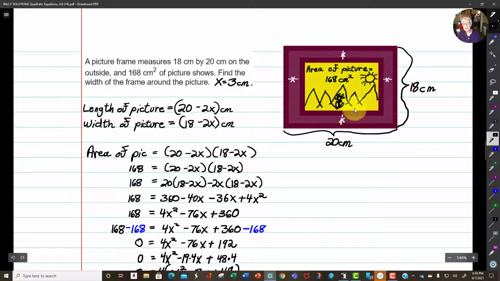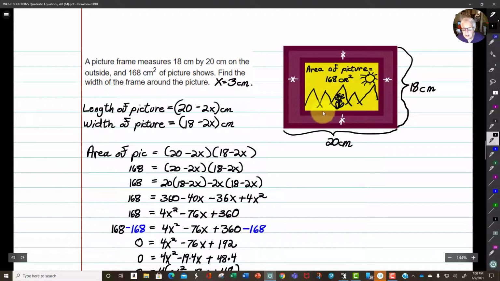The area of this picture is 168 square centimeters. It's a rectangle, the picture is. And the area of a rectangle is the length of the picture times the width of the picture.